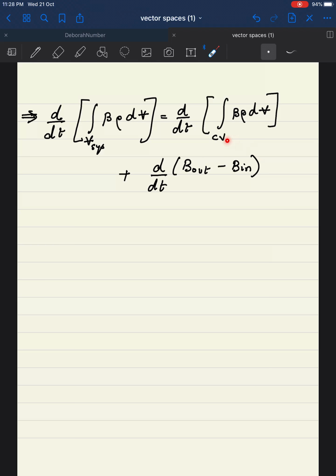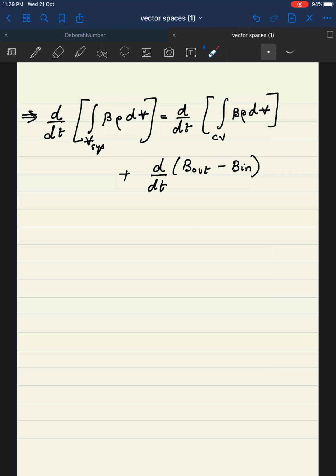Now what is this particular term right here? This term represents the net rate at which B is leaving the control volume through the control surface, right? So this is actually the net flux into or out of the control volume. How can you calculate that?